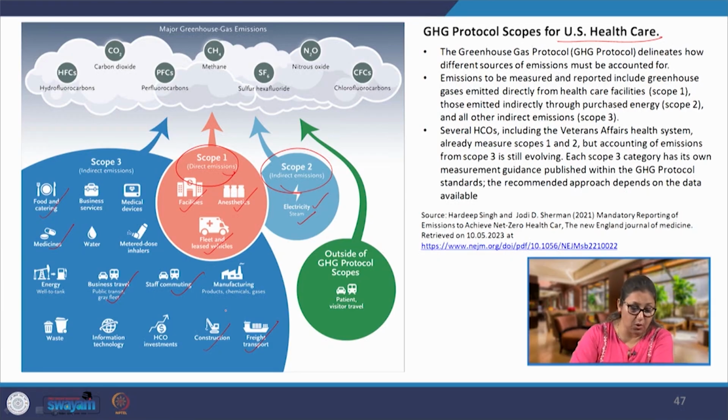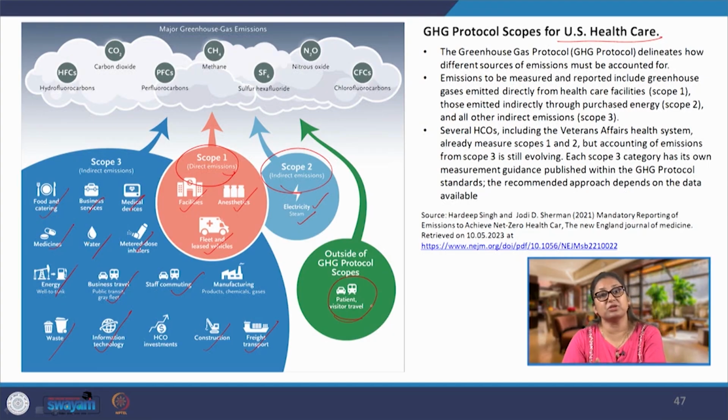So, they have put all of these in scope 3, also IT, waste and a lot of these heads, they have put all of them in scope 3 of indirect emissions. And also there are certain scopes which they have identified which is outside the GHG protocol, but they have recognized that, which is their patient and visitor travel.